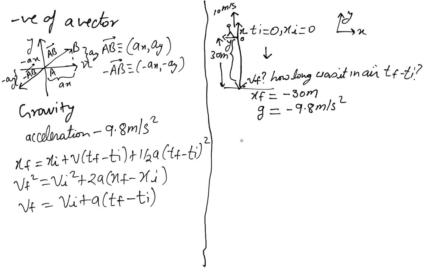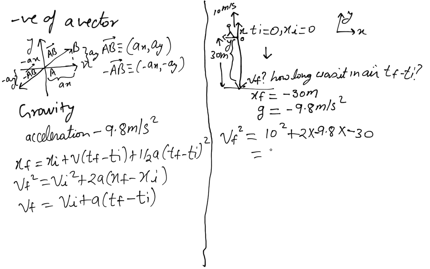Now let's see if we can find vf. Do you think you can use any of these formulas to find the value of vf? I think we can use the second one. Let's try that. So vf squared equals vi squared, which is 10 squared, plus 2 into 9.8 multiplied by xf, which is, well, minus, I forgot, minus 30.